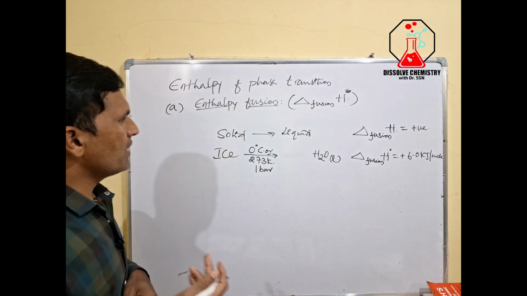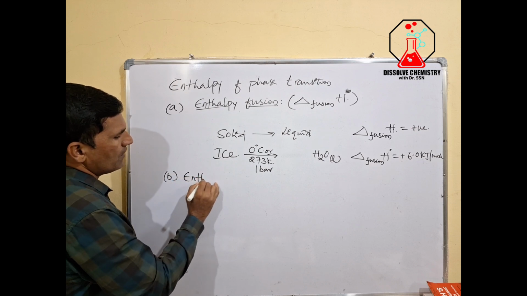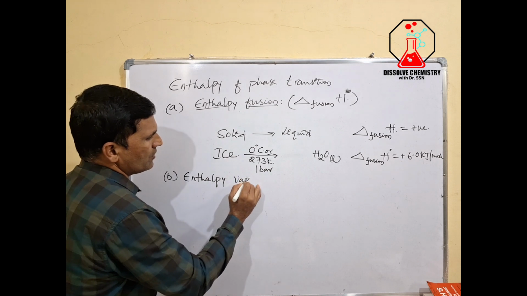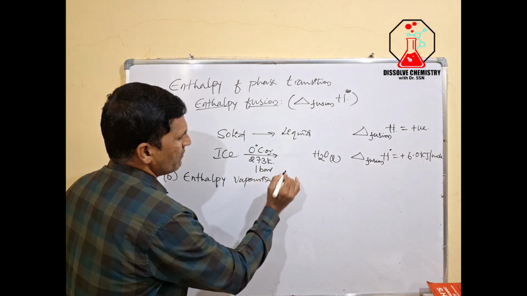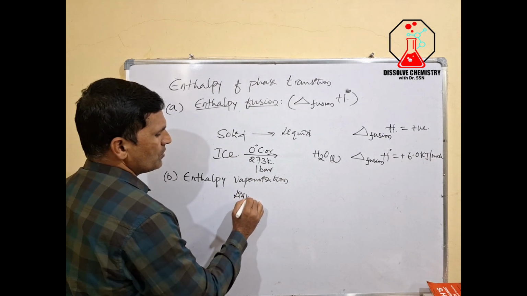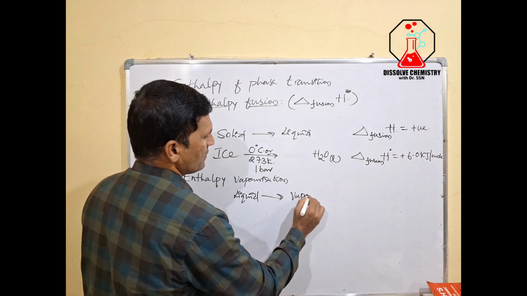Then the next type of enthalpy is enthalpy of vaporization. What do you mean by vaporization? Conversion of liquid form to vapor form or gaseous state.